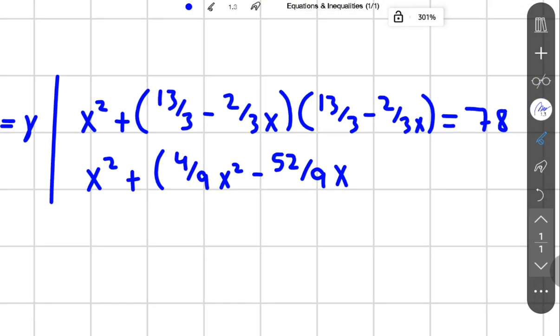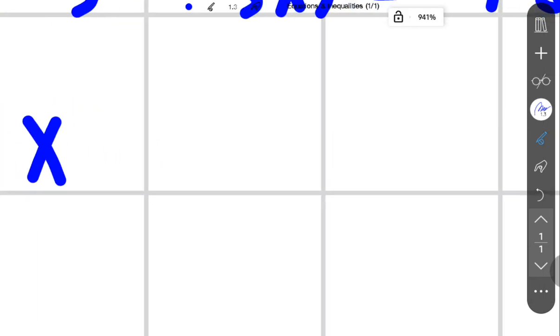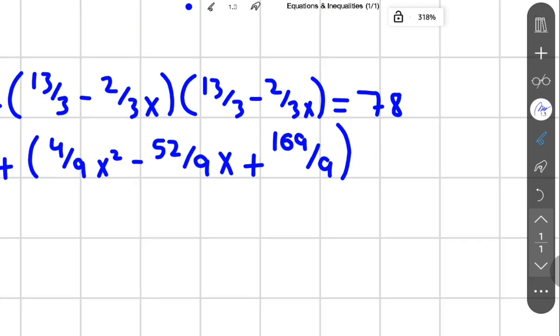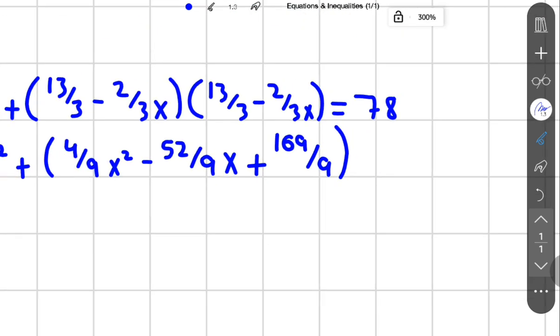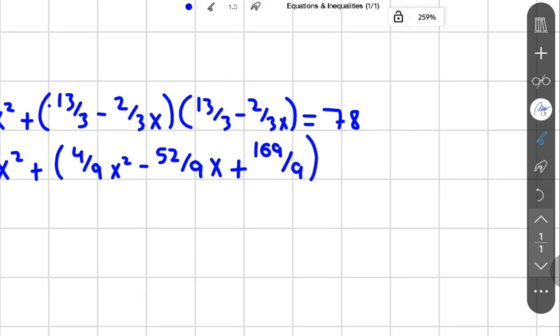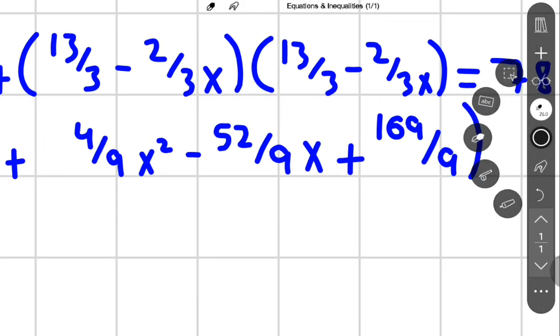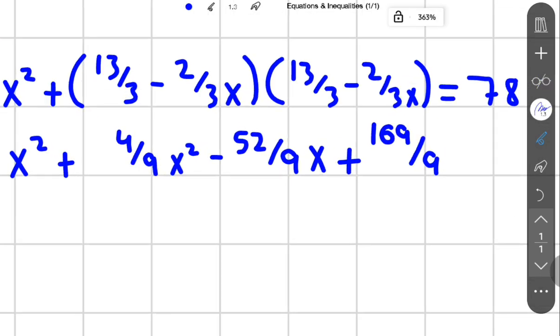And lastly, 13 over 3 all squared. I think so, 13 squared is 169. So 169 over 9 plus 169 over 9. And either way, both numbers are indivisible with each other, and there's no need for the bracket, so I could just remove it. And all this equals 78.